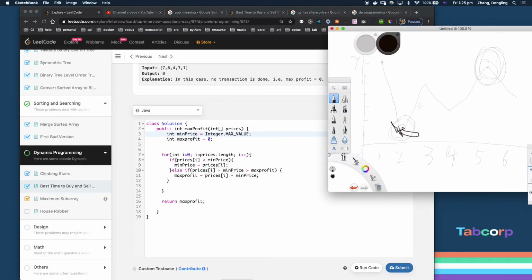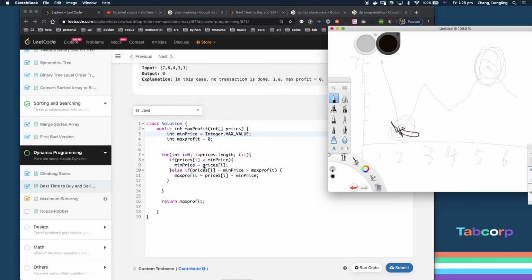Every time you update, it is actually like a DP array loop flow up to the maximum, but instead of updating the DP at i plus 1, you just carry on remembering this one.